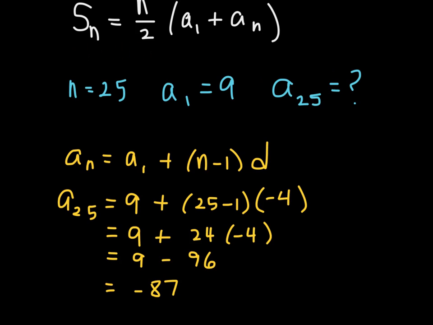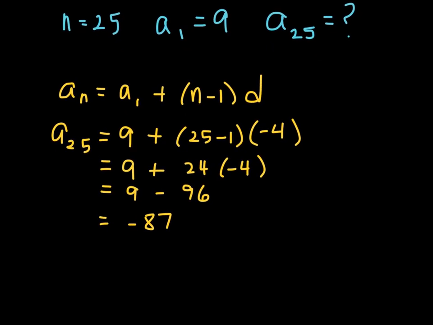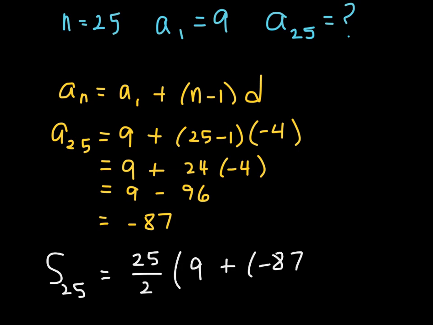Let's use it. Okay, so here we go, ladies and gentlemen. Let's find the sum of the first 25 terms. S sub 25 is equal to 25 over 2 times a sub 1, which is 9, plus negative 87, which is the 25th term.